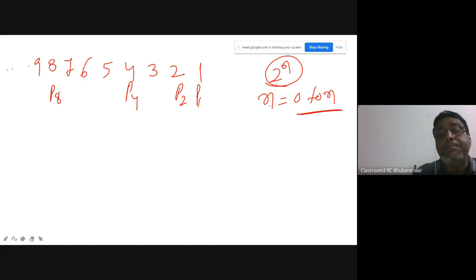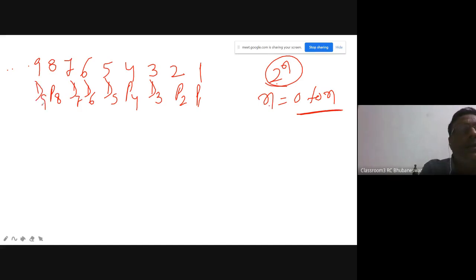Understand? But the rest of the positions which we left, those are known as your data positions. D3, D5, D6, D7, D9, likewise. So only to distinguish between parity and data, I am using the symbols P and D. But in your syllabus, you initially send 4 bits of data. So while you are sending 4 bits of data, this portion is not required.